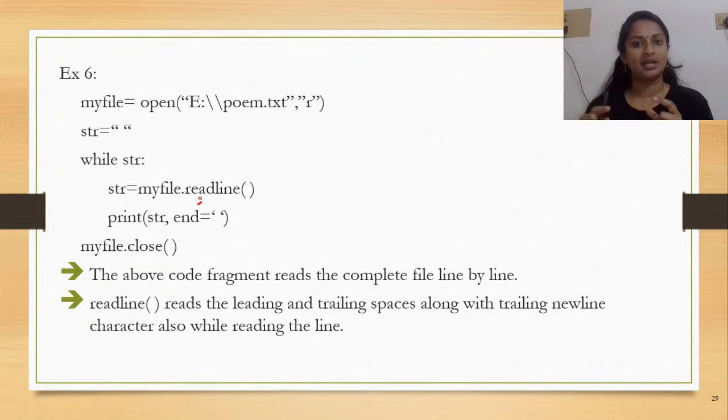Now you're trying to print it on the screen. Now what does str have? Str now already has a content. So when you go to the loop again, the loop is not over yet, and str has a content, so again the true case works out here. Now inside the loop, what happens? You have not closed the file. So from where the last position of your cursor is, the next line would be read.